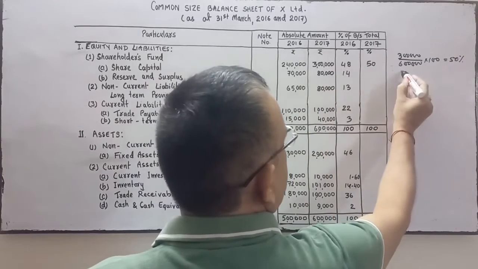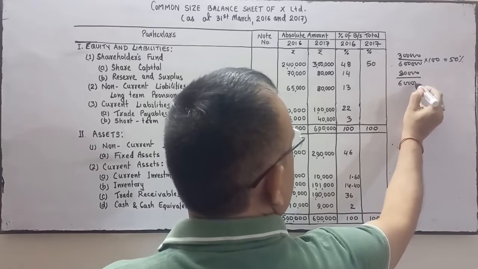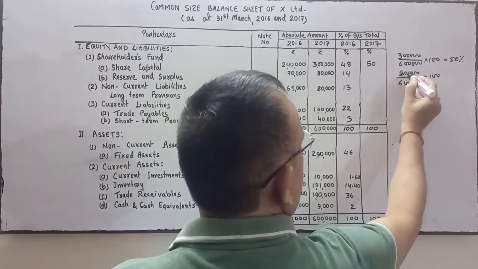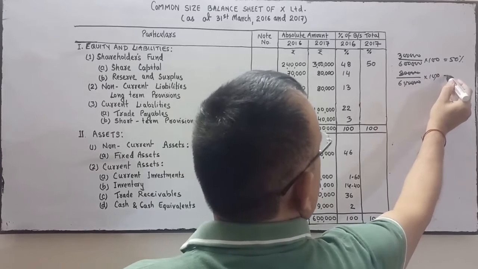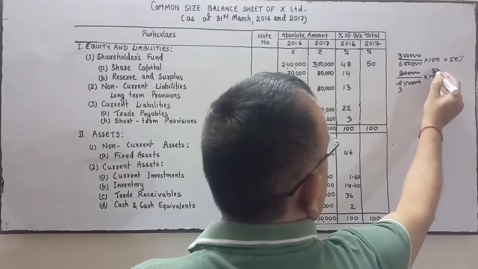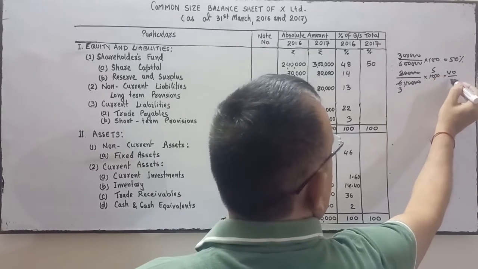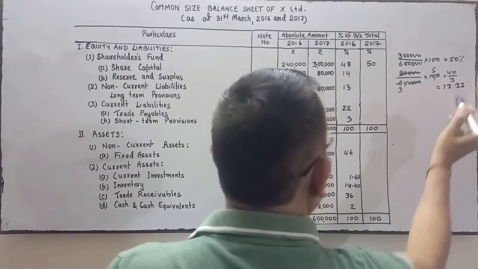Now come to here, 80,000 is the reserve and surplus and 6 lakhs is the total equity and liability into 100. So it is 13.33%.